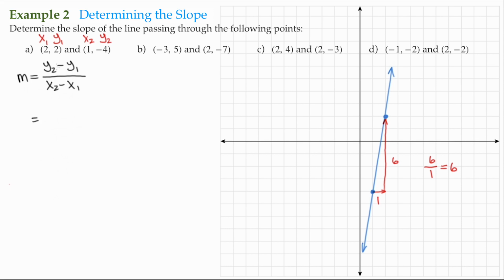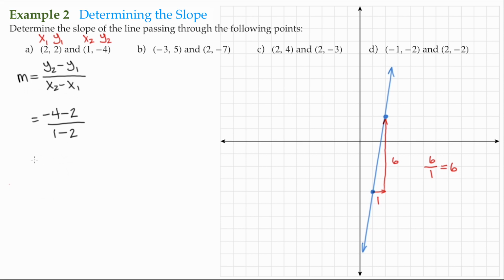This is going to be y sub 2, which is negative 4, minus y sub 1, which is 2, over, that's our change in y, that's our rise, over our run, x sub 2, that's 1, minus x sub 1, which is 2.